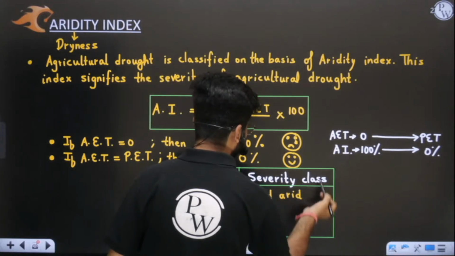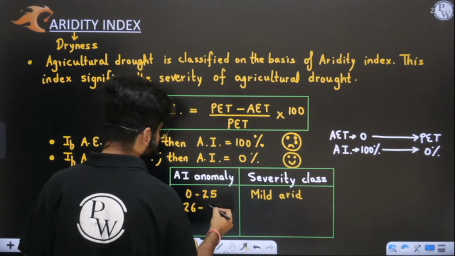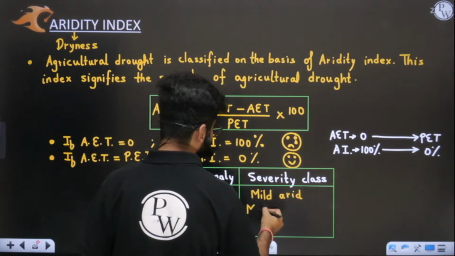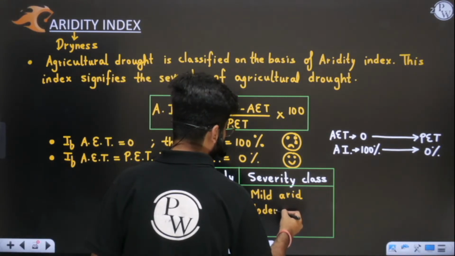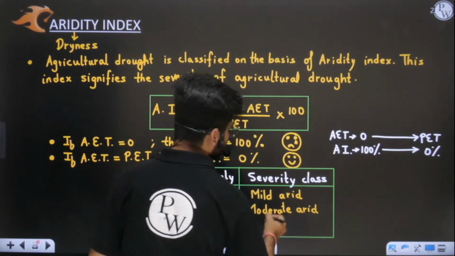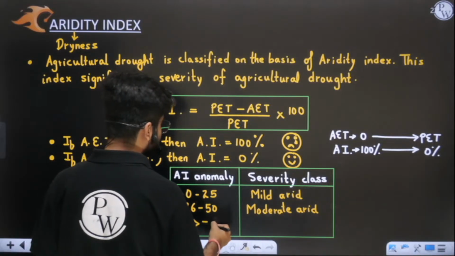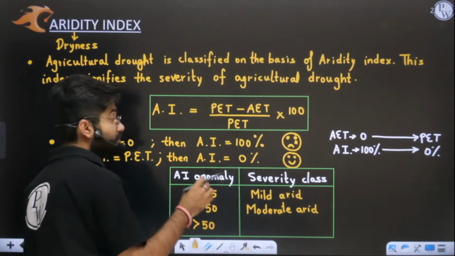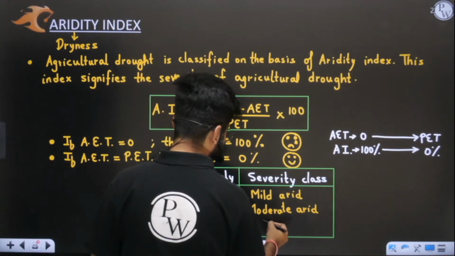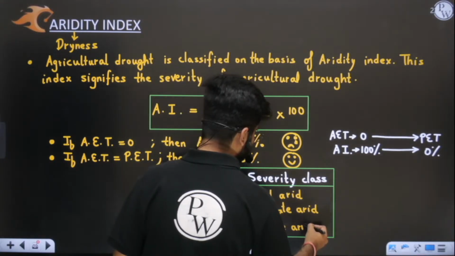Then if it is ranging from 26 to 50, obviously aridity has increased, so moderate dryness is there. This is moderate arid. But if it is greater than 50, then obviously your plant will start wilting. That is a severe case. In this case I will write severe arid. Yes or no?